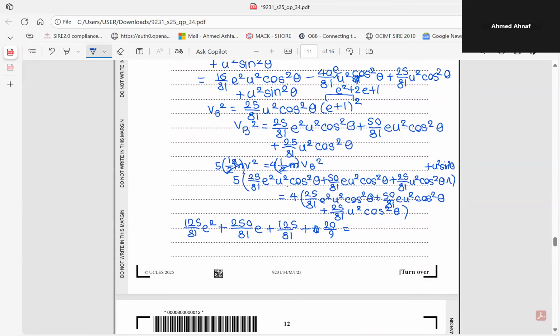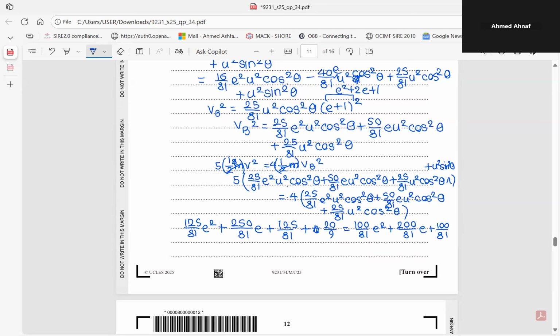That is equal to 100 over 81 e squared, plus 200 over 81 e, plus 100 over 81.